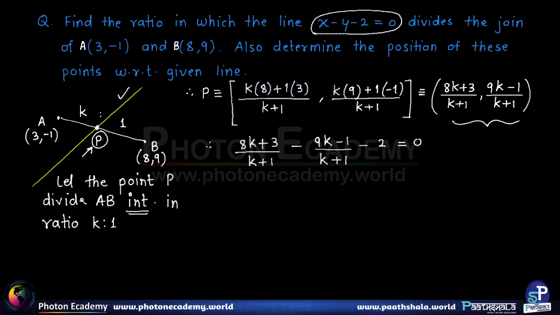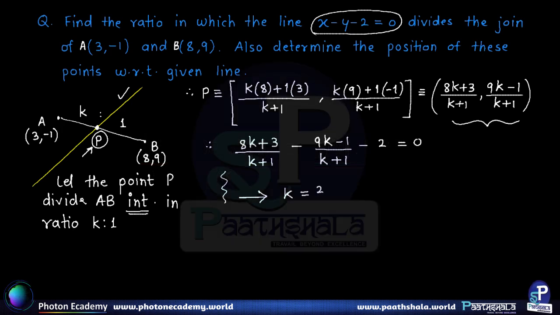So you solve this equation, and at the end we will get the value of k as 2/3, so that I am leaving out. You can easily solve this equation, a very simple equation in one unknown.